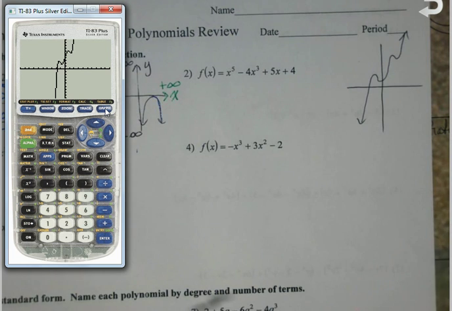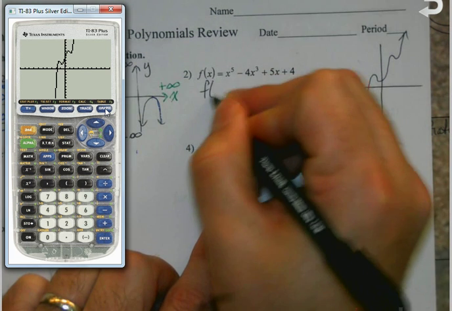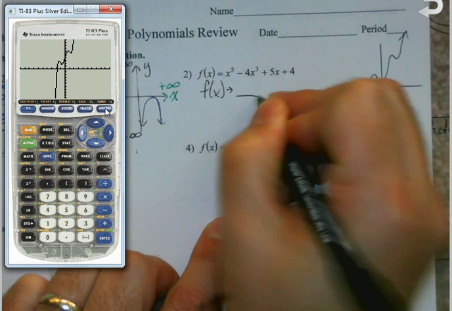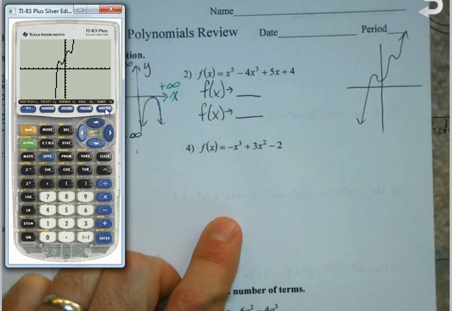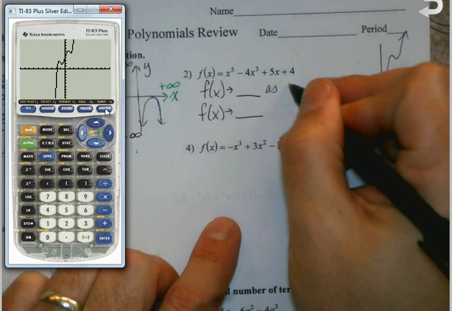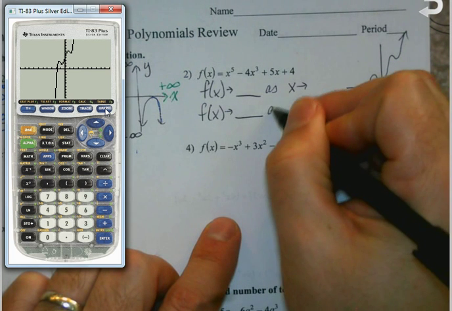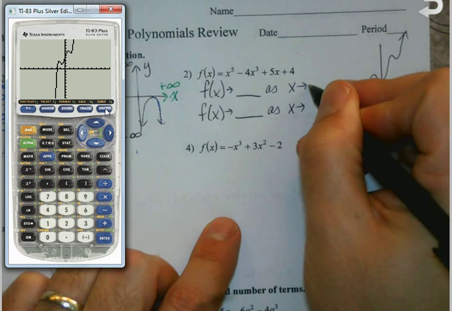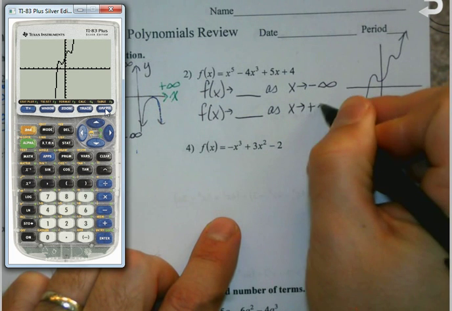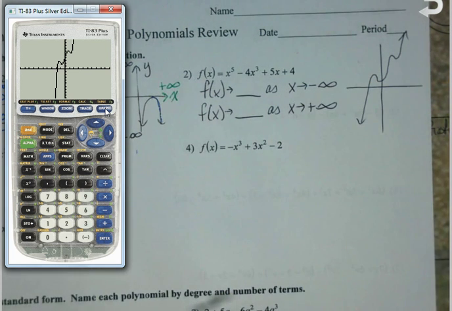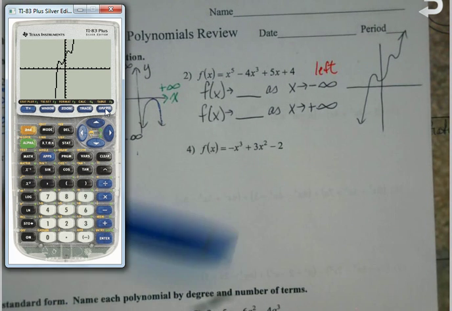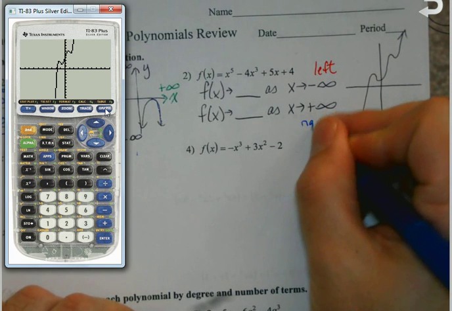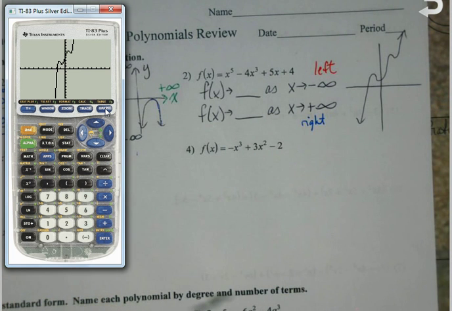So I look and I'm like, okay, I got this. I'm going to write two f of x's with blanks, because that's my y's. That's the part I got to figure out. But my x's, again, one's always going to negative, one's always going to positive, because I need to know what's going on as I go to the left and as I go to the right.